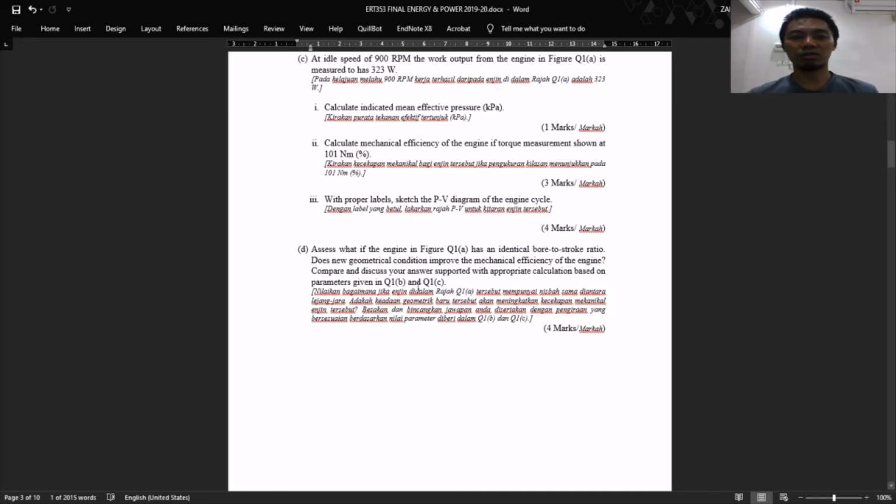You need to show some simple calculation, basically the calculation that you already have in the top side, and you try to compare and discuss it, whether it is low or high. Okay, that's it.